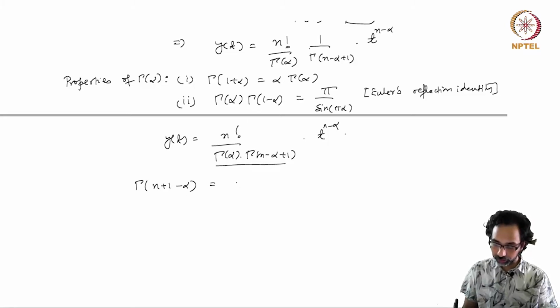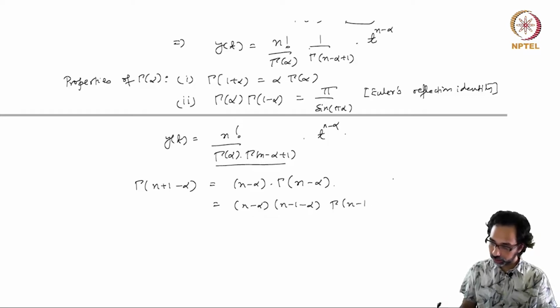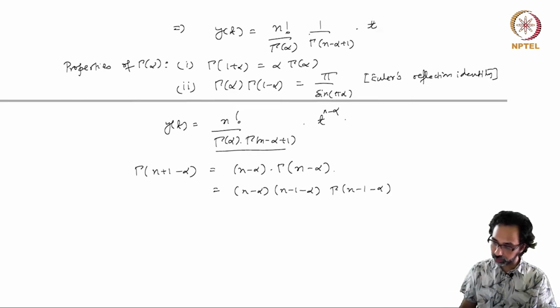So I will write this as n minus alpha times gamma of n minus alpha, and this is n minus alpha times n minus 1 minus alpha times gamma of n minus 1 minus alpha, and so on.